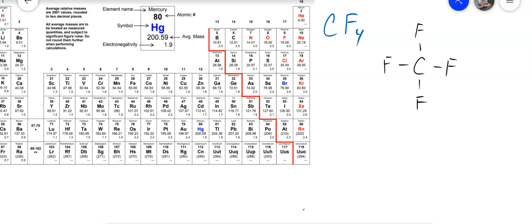Now, for the purposes of shape, in 3 dimensions, tetrahedral doesn't look like this. But in terms of determining polarity, it works fine to draw it like this. So just for the purpose of the procedure here, I'll go ahead and redraw it. But this is the same thing as I drew above. All right.